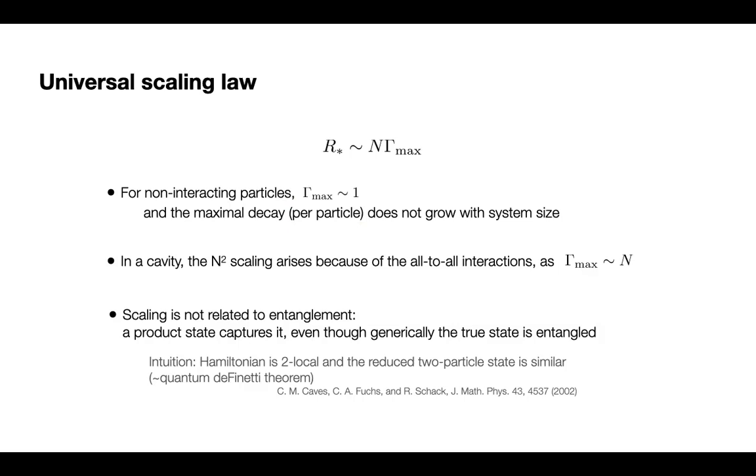That actually gives you another way of thinking about the n squared scaling, not just mapping this to an angular momentum ladder and computing. One factor of n you get from the fact that this happens at half excitation density. Our lower bound, obtained with the variational ansatz, is optimized at half excitation density. The other factor of n comes from the all-to-all interactions, from the range of interactions. And then, as you said, what happens with correlations?